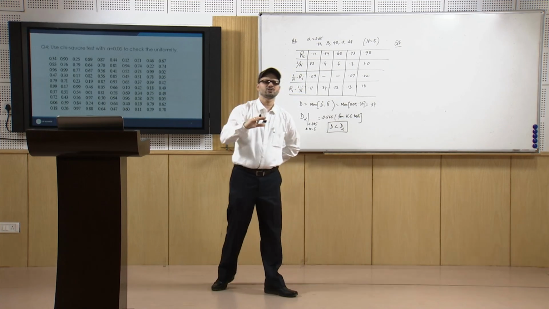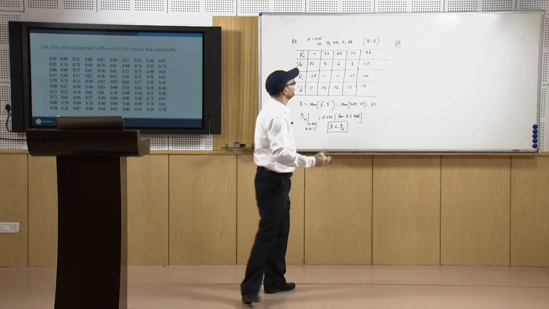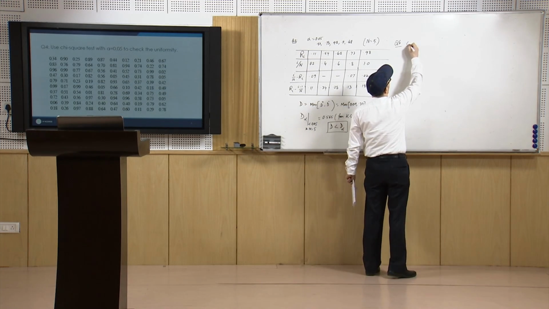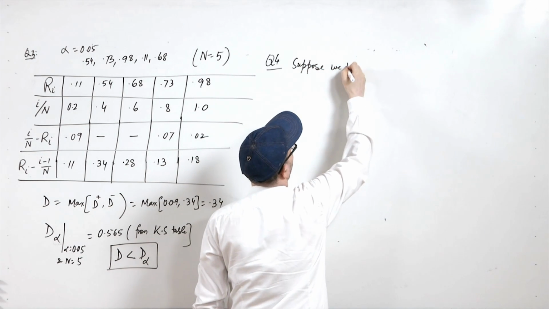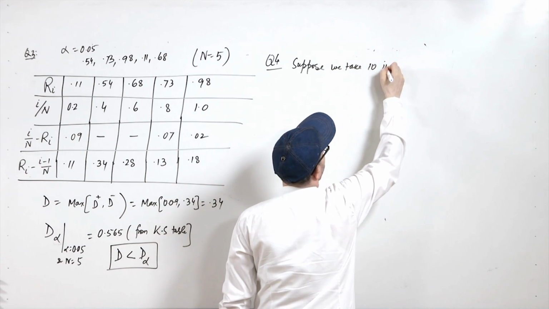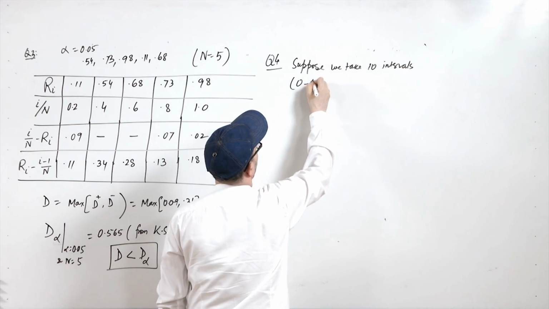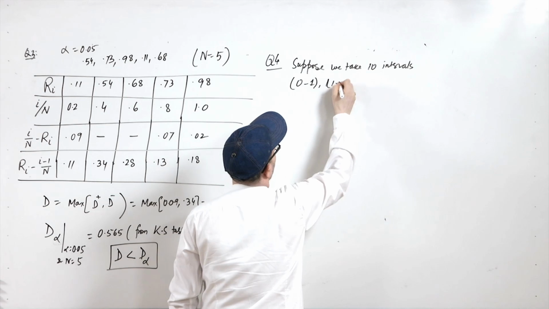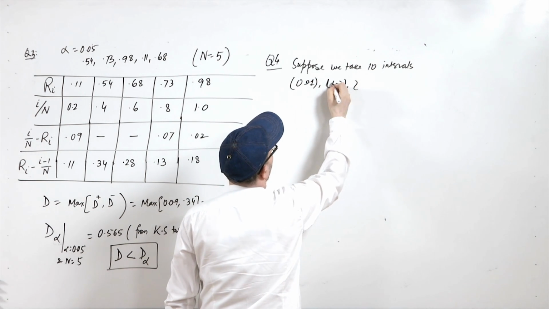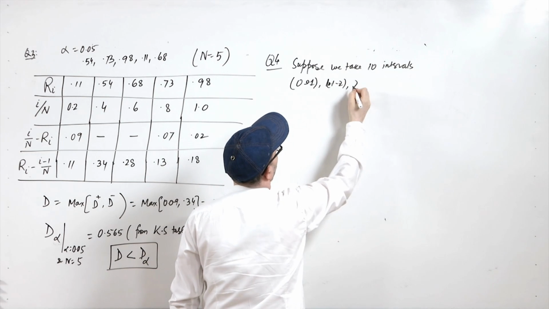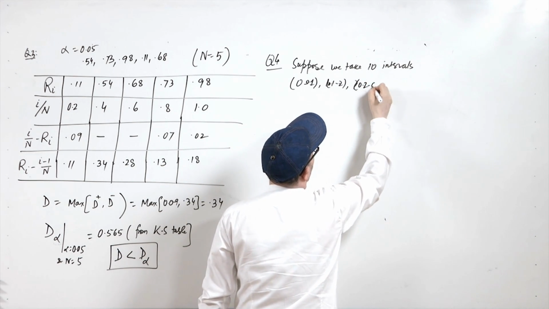We start with 0 to 0.1, 0.1 to 0.2, 0.2 to 0.3 and so on.